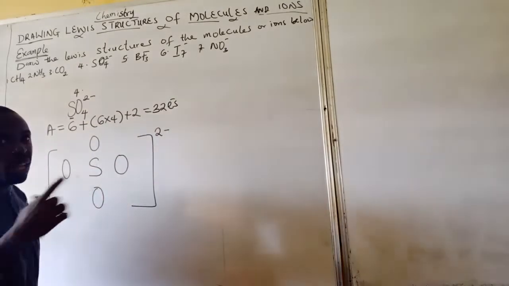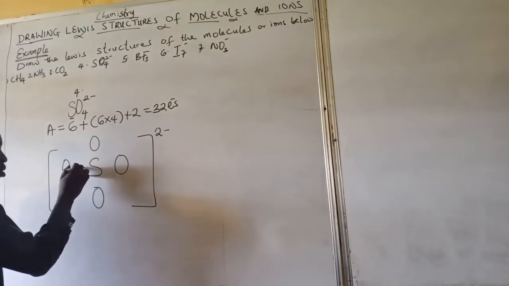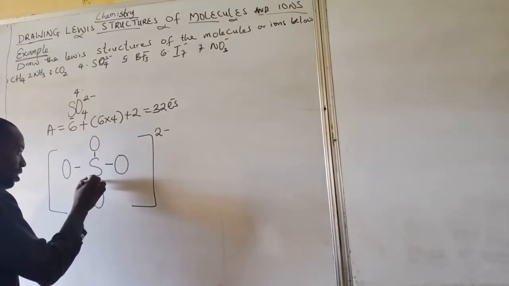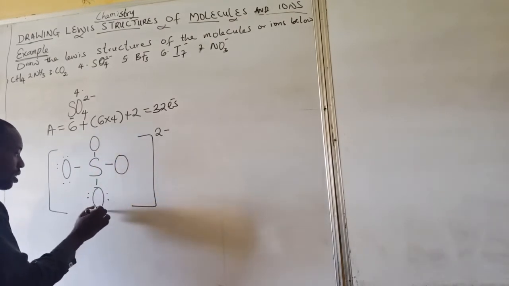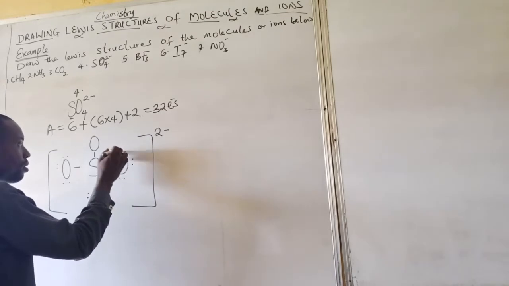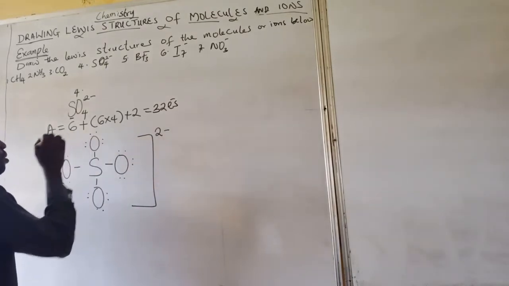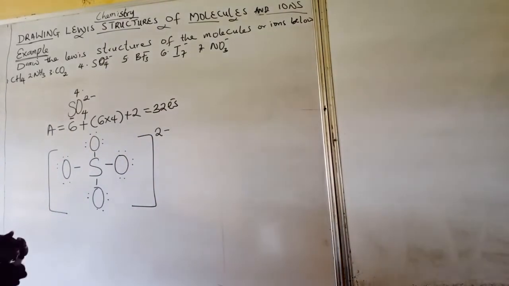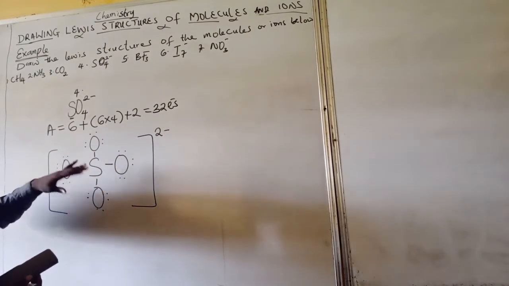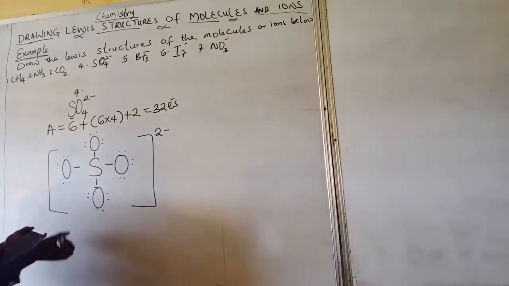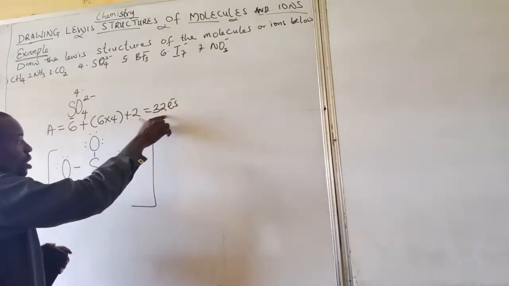That's how you do it for all other examples. Now, single bonds first, then I complete the octet for the other elements. So let's check. I'm having 8 times 4, which gives me 32 electrons, equal to this 32 electrons.